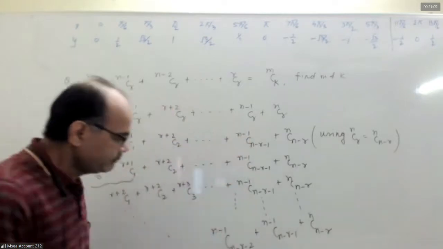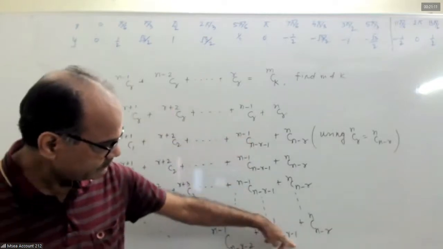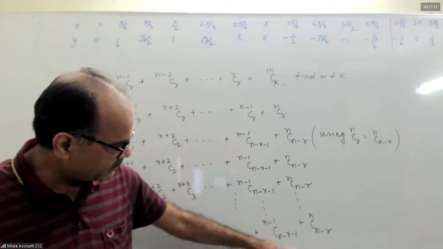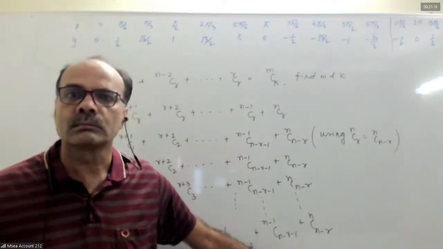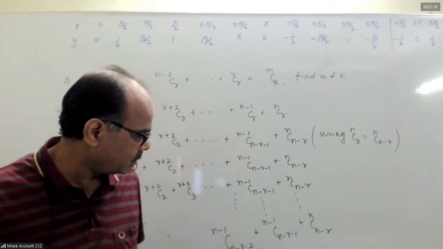Now this becomes (n plus 1)C(n minus r).